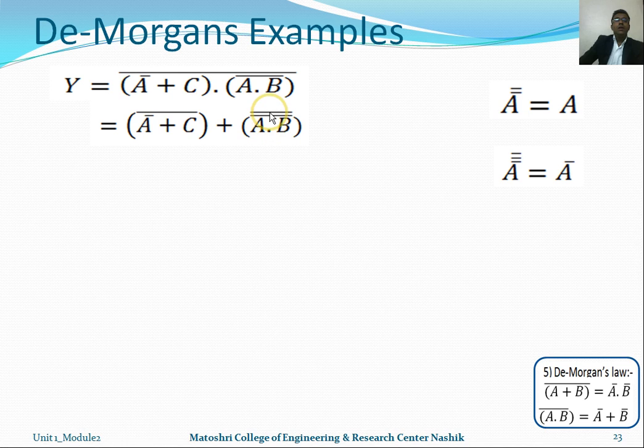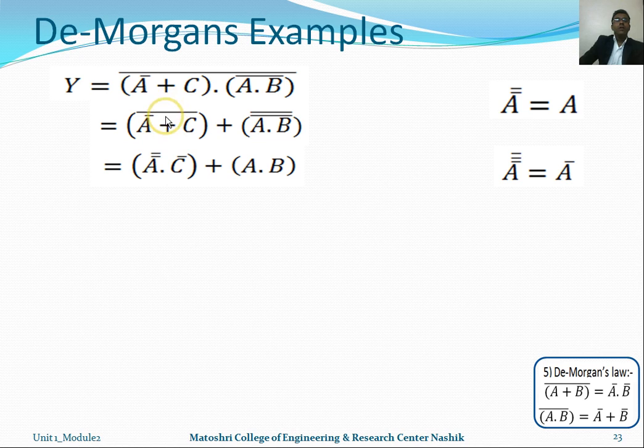Here AB has a double complement, and we have to know that the double complement of any variable is nothing but the same variable. So the double complements cancel each other, and we get A ANDed with B. But in the first bracket, the whole complement is again available.